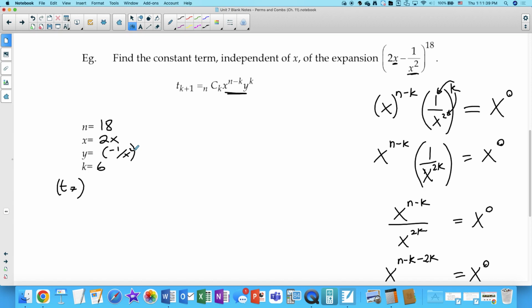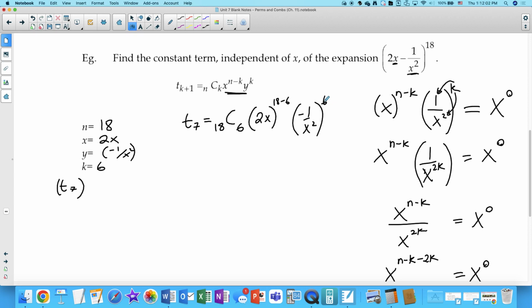And now we can just plunk everything in. So T7 in this case will be 18 choose 6 times 2x to the 18 minus 6 times negative 1 over x squared, to the 6.